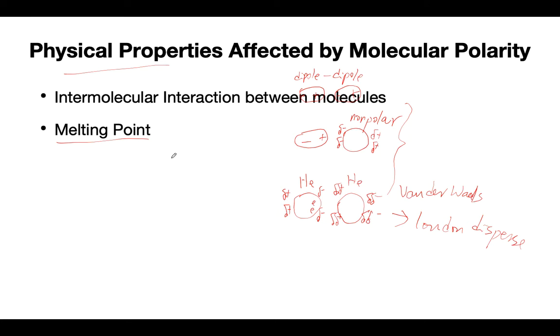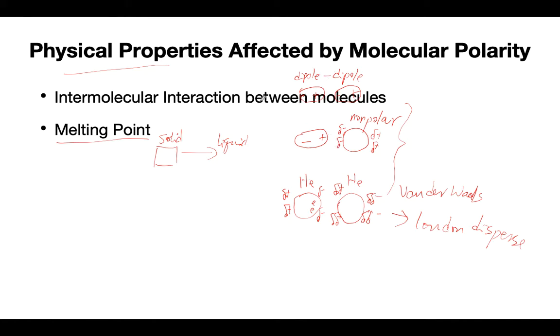Melting point measures the phase change from solid to liquid. It's the temperature where a liquid and a solid reach equilibrium and coexist; we measure that as the melting point. When the molecules stay in the solid, they are packed together, so there will be strong interactions.